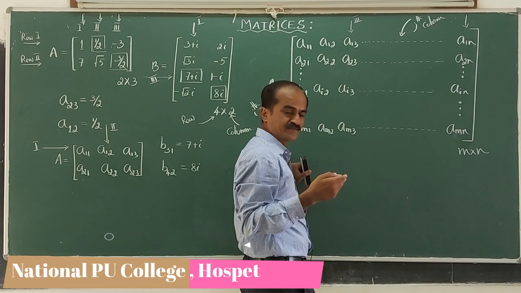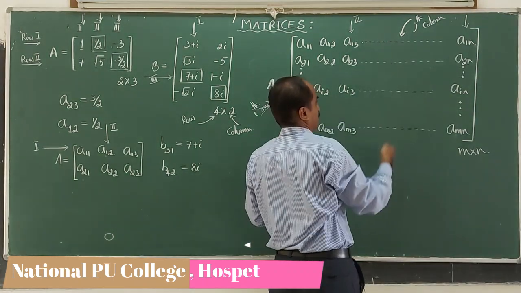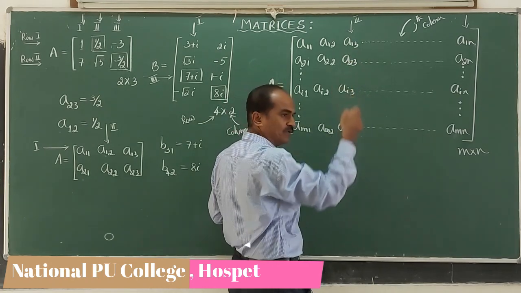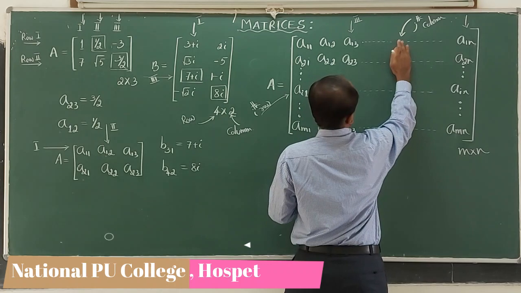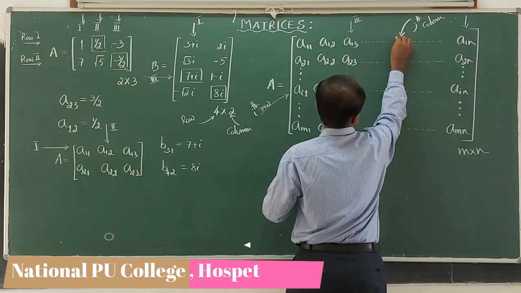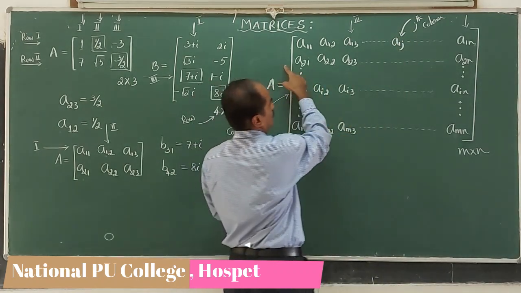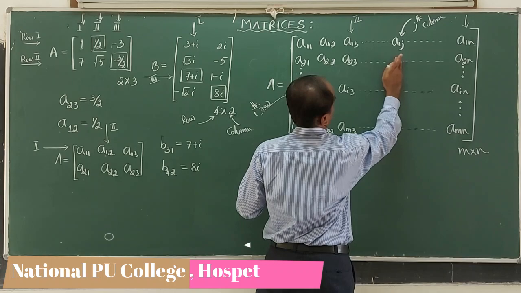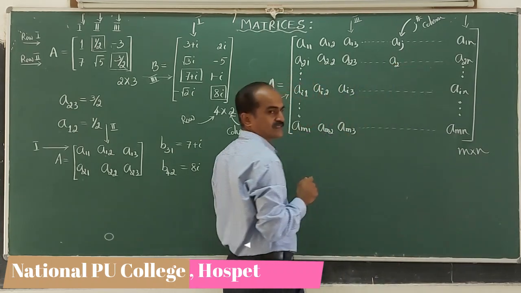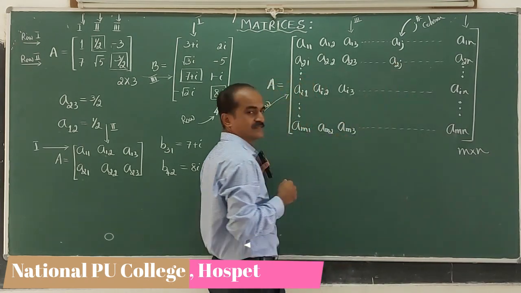What about second suffix of all these elements? Definitely j. The first suffix will be varying. Look here, 1, 2, 3, like this it is varying. 1 to m it is varying. What would be the element here? It is present in first row, jth column, means it is A1j. And what about in the second row? This position will have the element present in second row, means first suffix is 2, and jth column, therefore its second suffix is j.